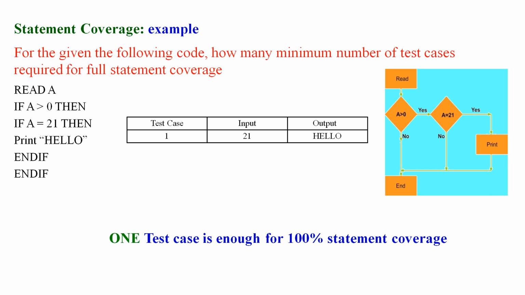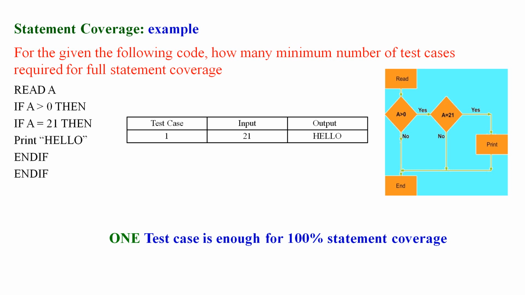That is the definition: the minimum number of inputs, or sets of inputs, required to have 100% statement coverage. So for this, how many test cases are required? Only one, because only one input is required.